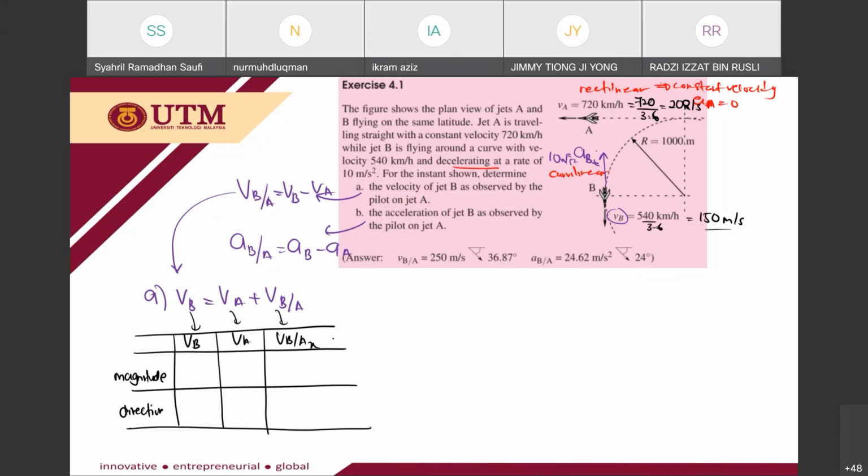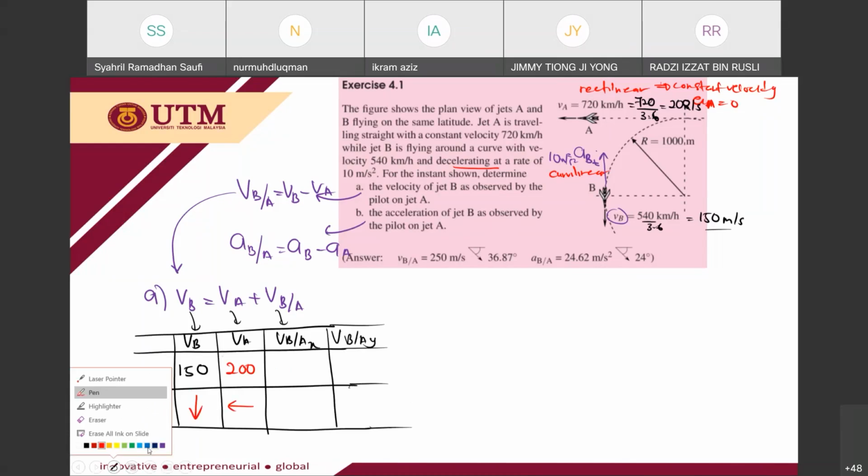For this case, I want to use rectangular components. So VB's magnitude is 150 and the direction is vertically downward. VA is 200 and the direction is to the left.